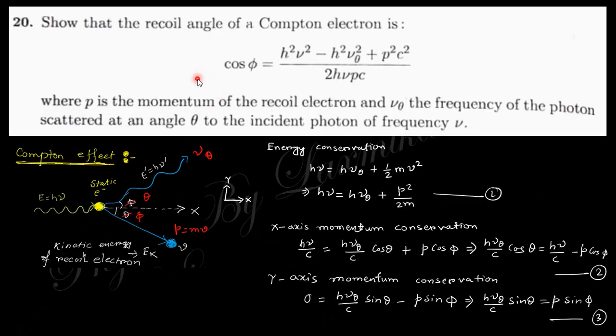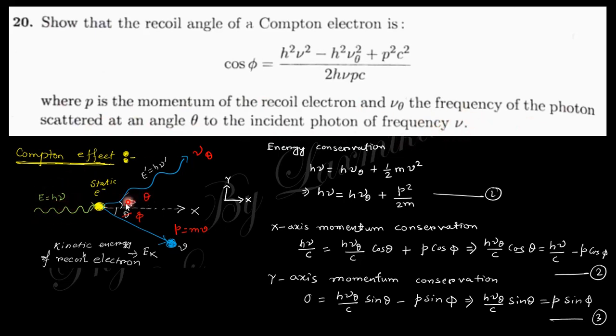Next question says that the recoil angle of the Compton electron will be like this. P is the momentum of the recoil electron, and nu theta is the frequency of the photon scattered at angle theta to the incident photon of frequency nu.